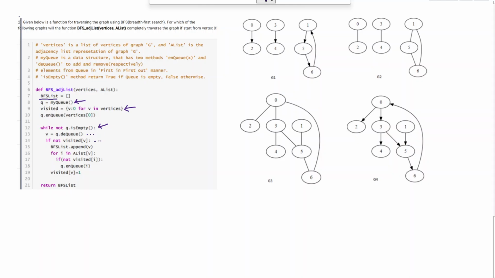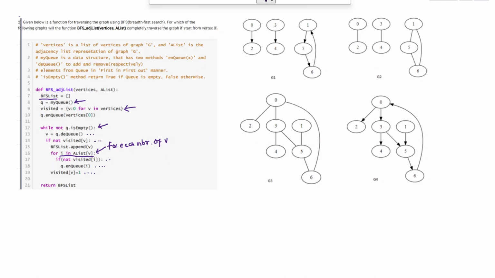And then for each neighbor of v, if the neighbor is not visited, then it will be added to the queue, and then it sets visited to be equal to 1, right? So this is the algorithm, and BFS list will keep track of which vertices have been visited.